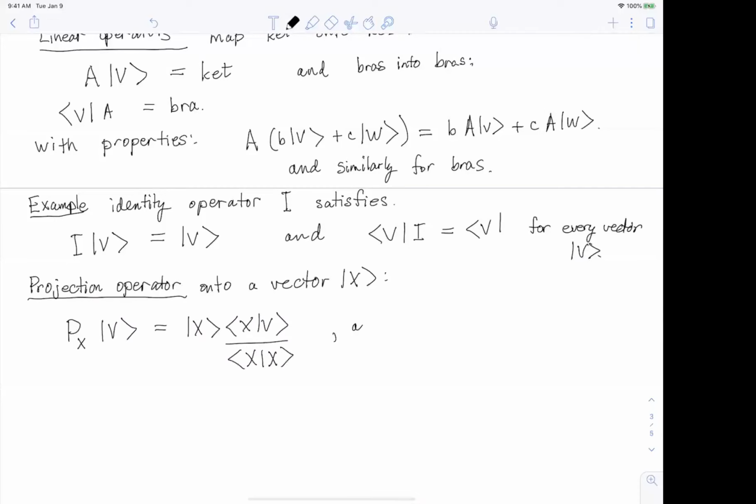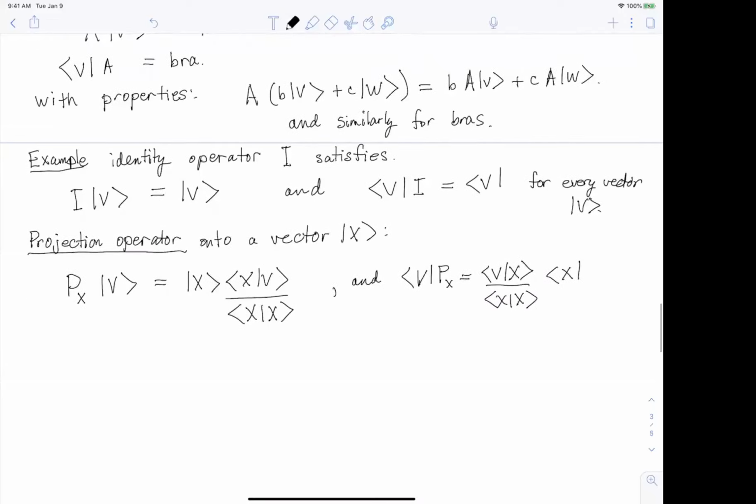And similarly for bras: V acted on by my projection operator is equal to the inner product of V with x, divided by the inner product of x with x, times the bra x. Okay, and that's supposed to be true for every vector V.